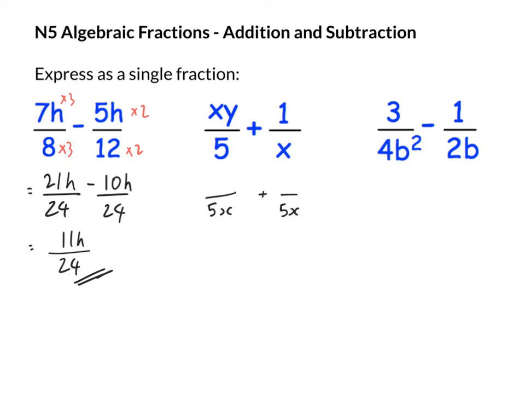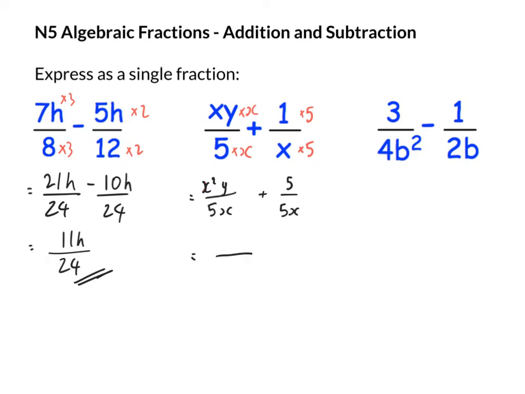To do that, well, I'm having to multiply this by x, so it means I've got to multiply the top of the first one by x, and here I've had to multiply the x by 5. So I have to do the same to the top. This will give me, on the top of the first one, an x times an x, will give me an x squared times y, and the second one, 1 times 5, is just 5.